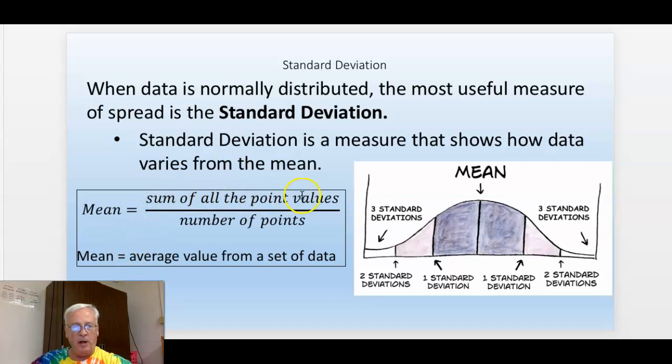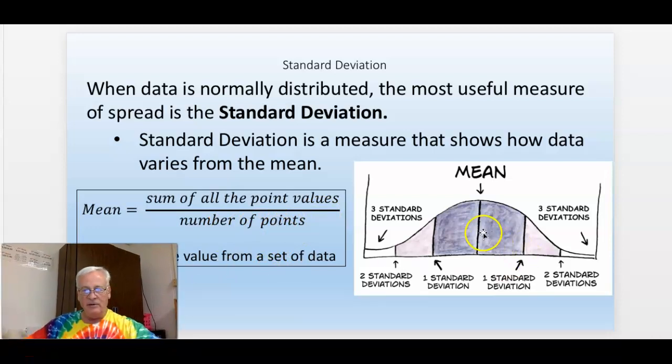You sum up all the point values and then divide by the number of points. That gives you the mean. And you can see here how we can measure 1 standard deviation from the mean, 2 standard deviations from the mean, 3 standard deviations from the mean, just by adding or subtracting values from the mean.